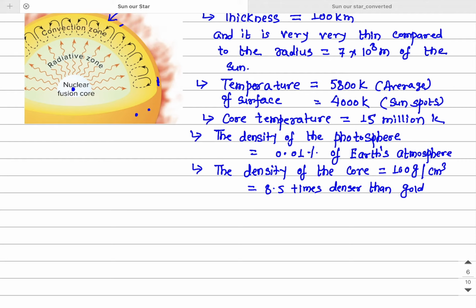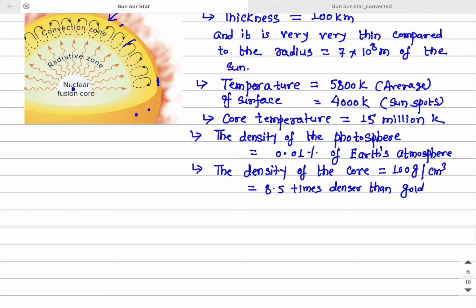Okay, and this layer here, all the layers below the photosphere are opaque. That means the light does not pass through it easily because it is a dense material.